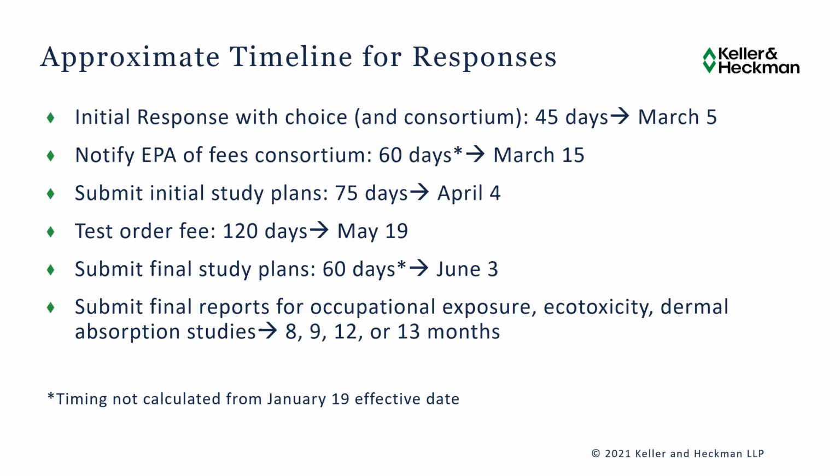If there is a consortium that's going to be formed, the general understanding of how that would occur is that each company would respond, identify themselves as generating the information, selecting that option 1, most likely, and indicate that they're forming a consortium. And then the consortium would also submit an initial response in order to identify the consortium to EPA so that you can get into negotiations with EPA in terms of the initial study plans.